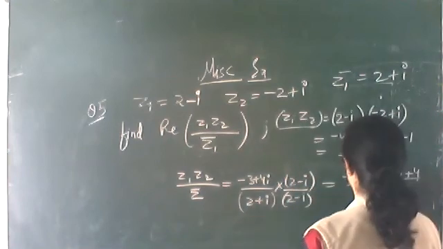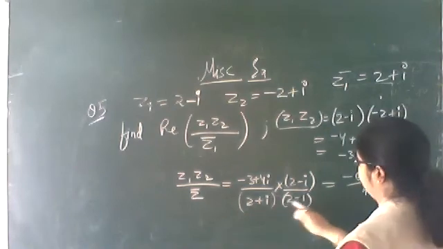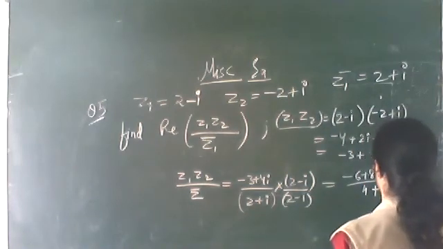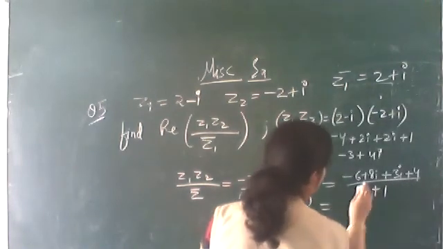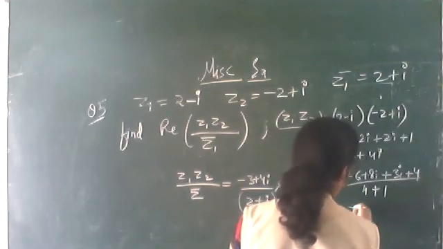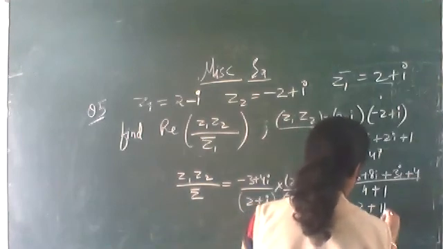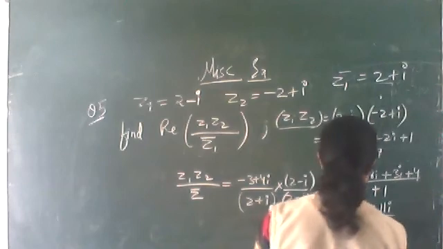A square will be 4, minus b square, minus iota square, minus 1, plus 1. So it will be minus 6 plus 4 minus 2 plus 11 iota upon 5.